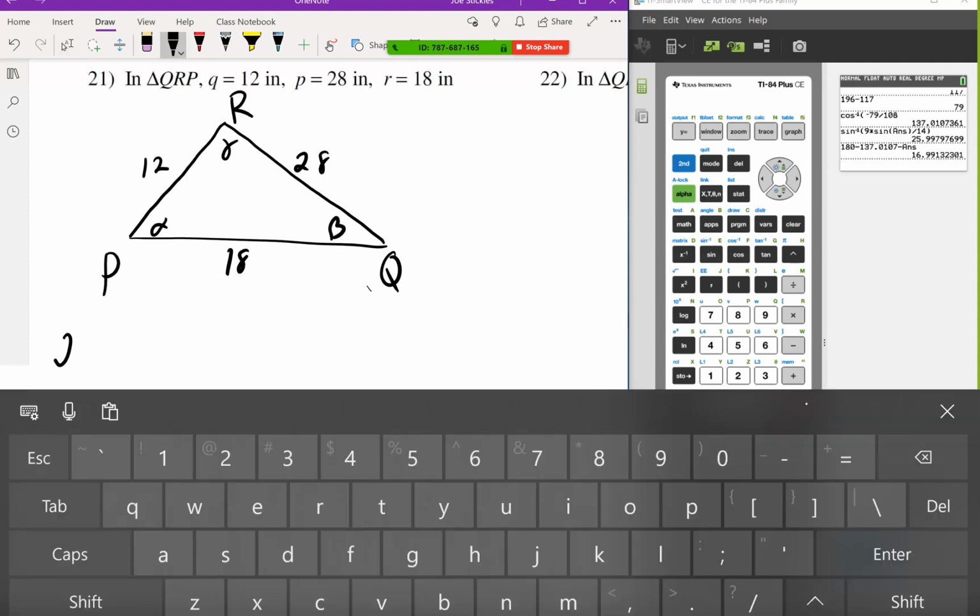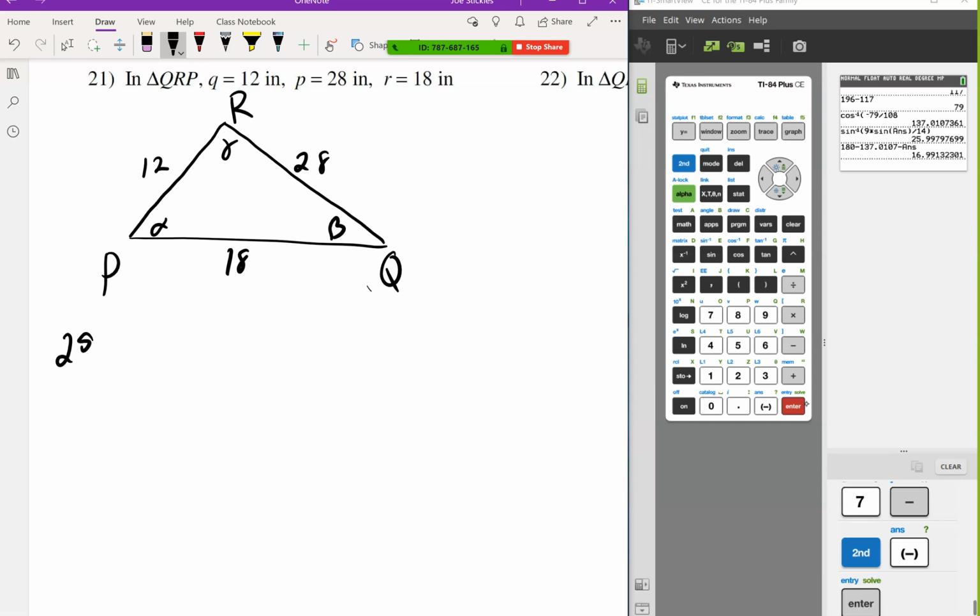So the 28 will go on the left-hand side, and we'll have 12 squared plus 18 squared minus 2 times 12 times 18 times the cosine of alpha. So again, remember the side opposite and the opposite angle, that's where those go in your law of cosines. The other two sides are what fills in the other pieces. So it's the two sides and the included angle that are on the right-hand side.